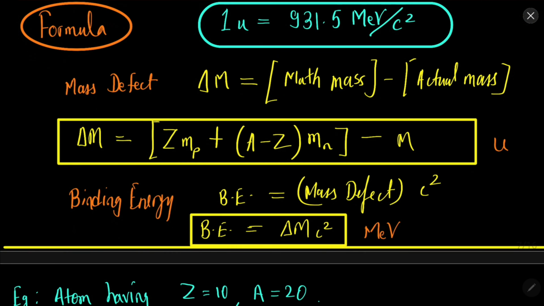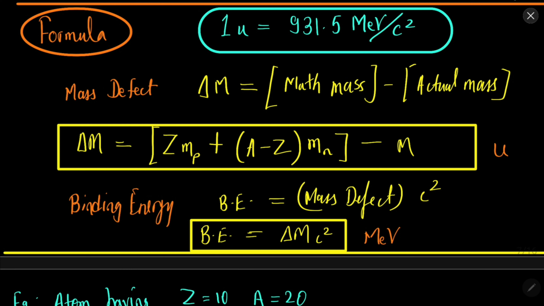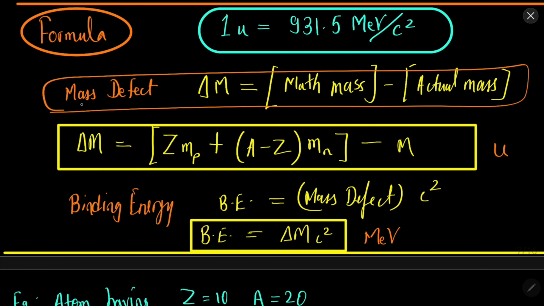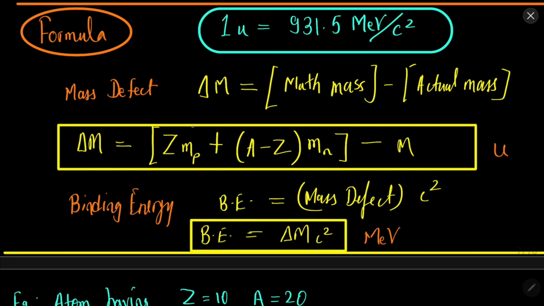Now let's discuss the mass defect and binding energy formula. So mass defect is quite simple: mathematical mass minus actual mass. The mathematical mass is the mass of proton into the number of protons. Z is the atomic number. We know that the atomic number is the number of protons.